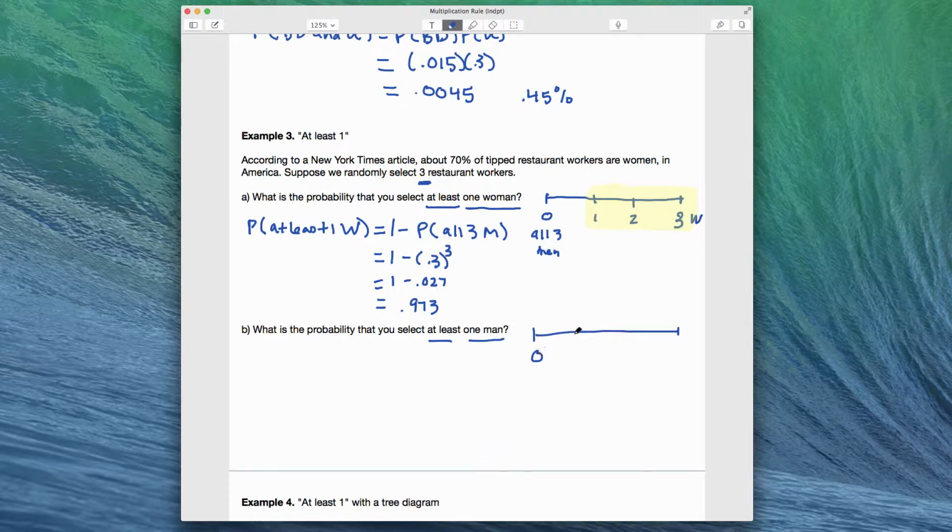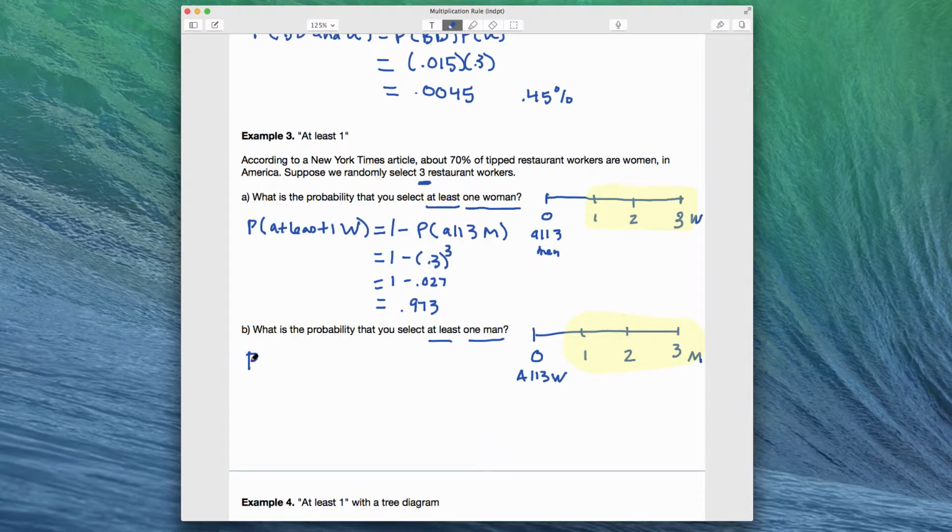So we could have 0 men or 3 men. And since I want at least 1 man, I circle, this is what I'm interested in computing the probability of. So the thing that I have left out is 0. 0 men means all 3 women.